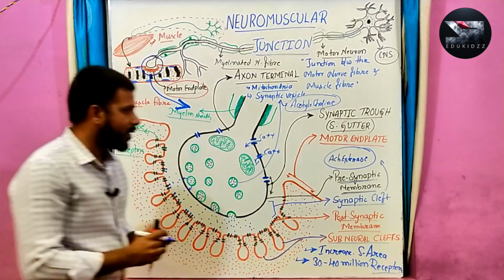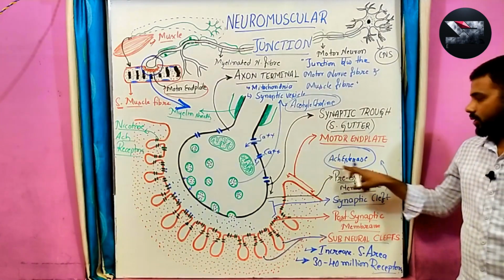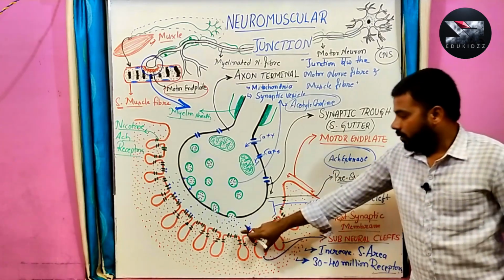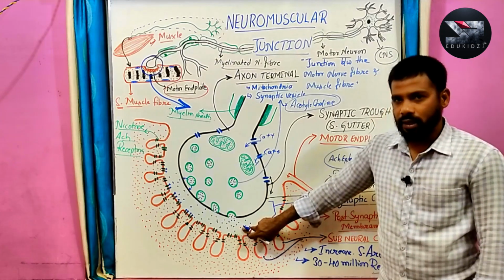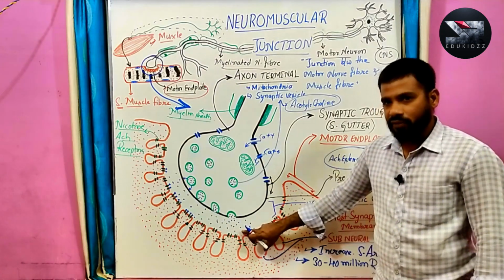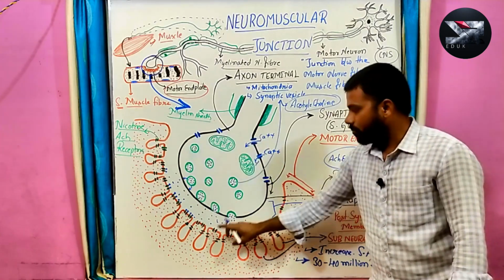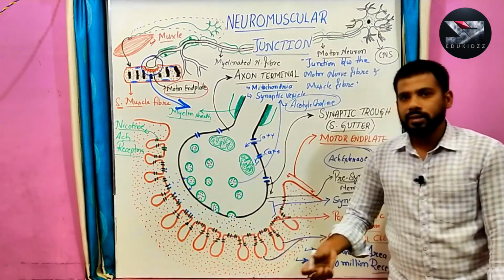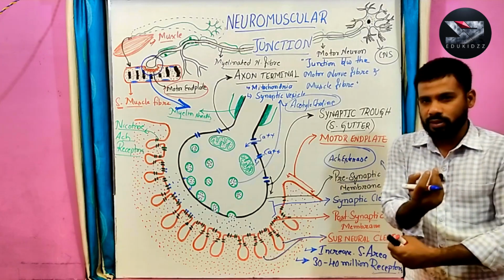But one point I left out: I was telling about acetylcholine esterase. This enzyme has great importance. Why? Because the acetylcholine neurotransmitter released here would just remain here. If it remains, it stays bound again and again to the receptors, and that causes continuous contraction of the muscle, which may lead to severe problems.